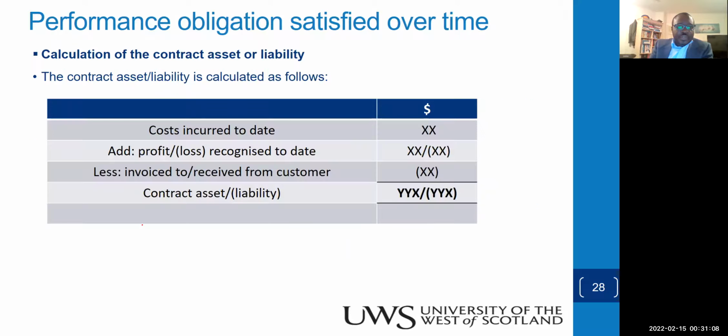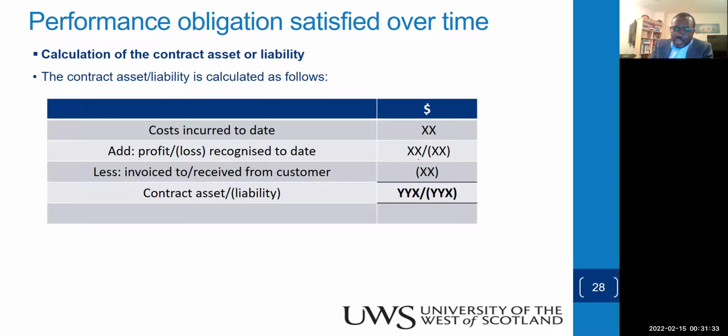So this is normally calculated in terms of the asset or the liability. It's calculated as the total cost to date, add any profit you've recognized to date, and then less any amount you've invoiced to the customer. That will give us the contract asset.